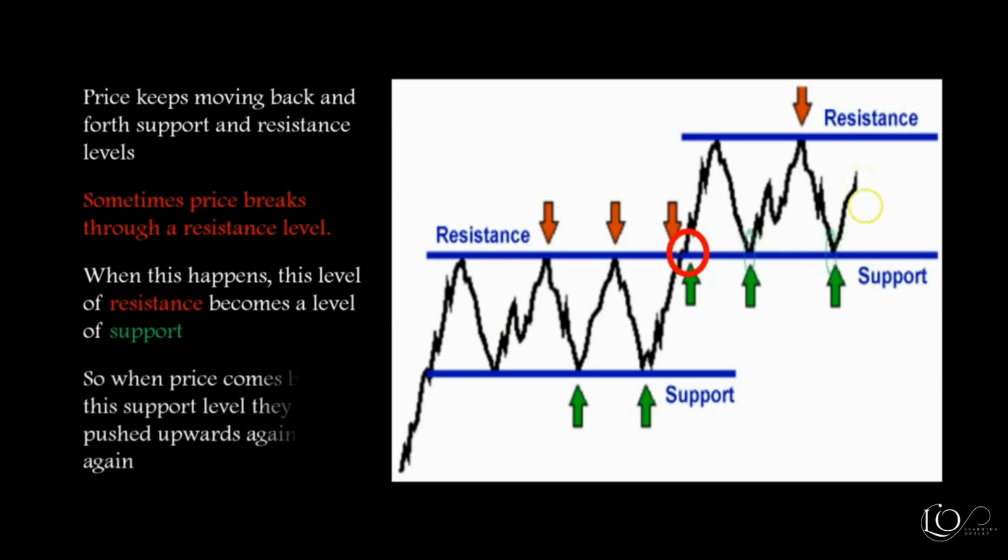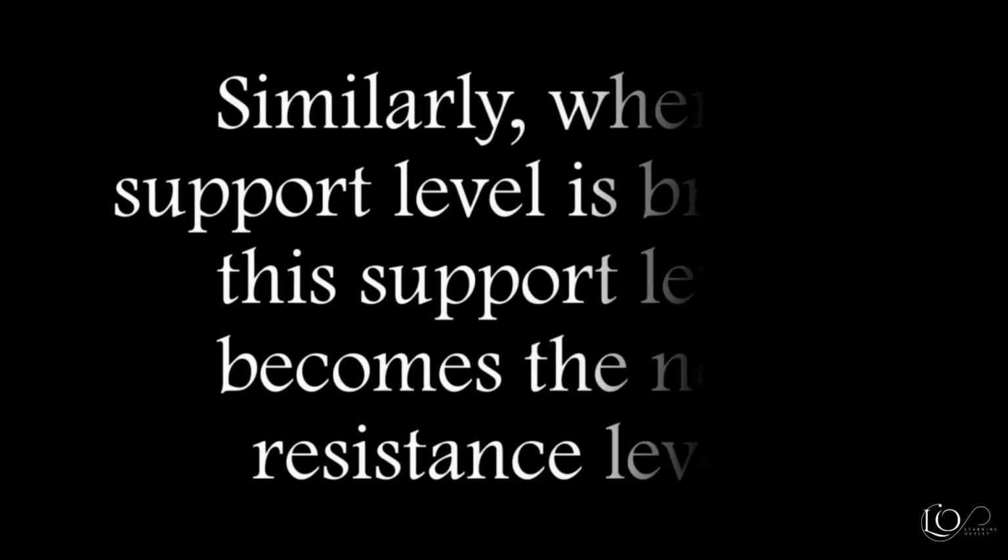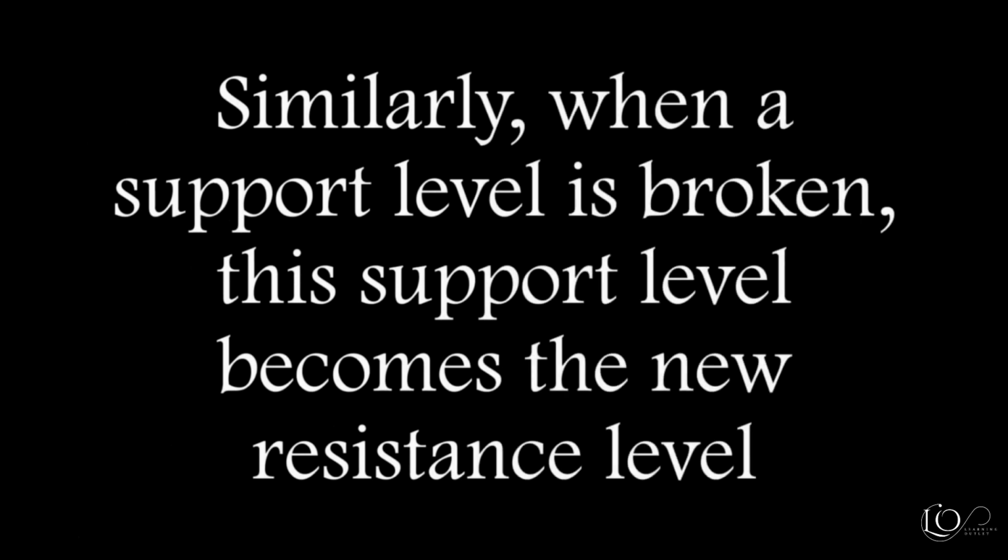And this continues to happen again and again until a support and resistance is broken. When a support level, on the other hand, is broken, this support level becomes the new resistance.